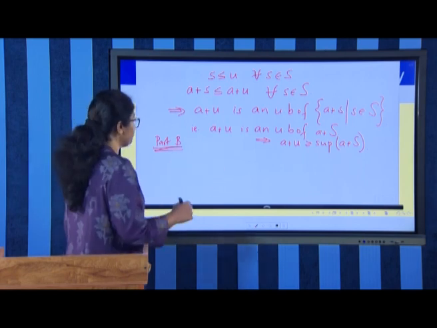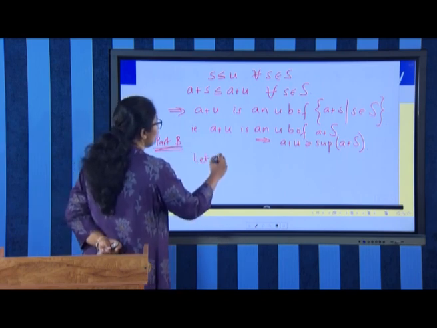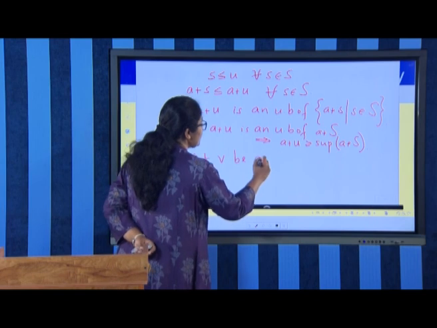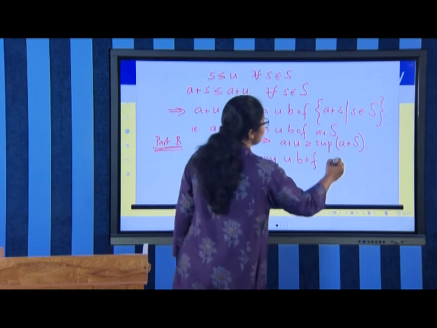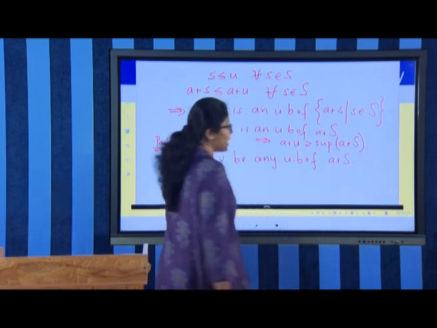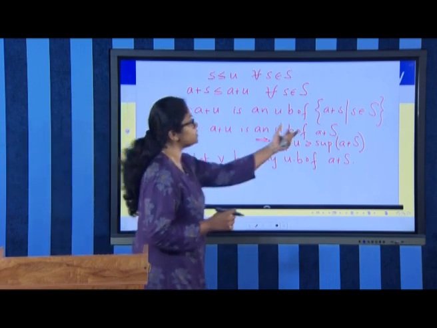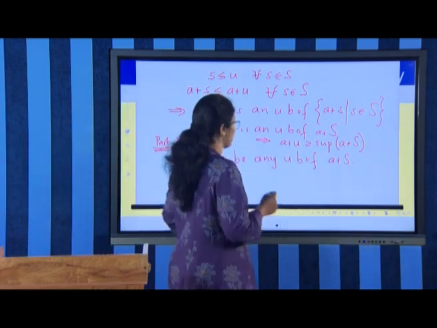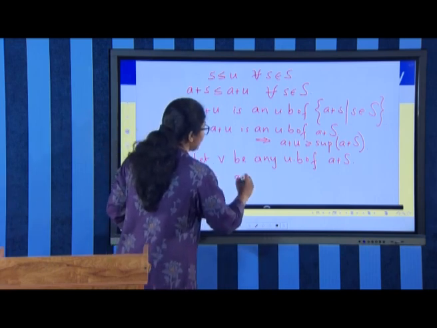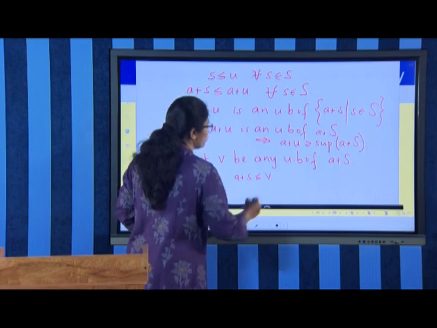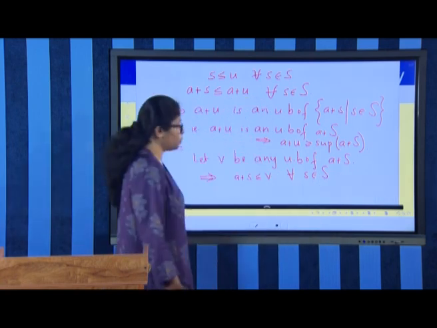Our proof is over. So, part B is that let us take V to be any upper bound of the set of all A plus capital S. That means we are taking V to be any upper bound of this set A plus S where S belongs to capital S, which indicates that A plus S is less than or equal to V for every S belonging to capital S. Why?